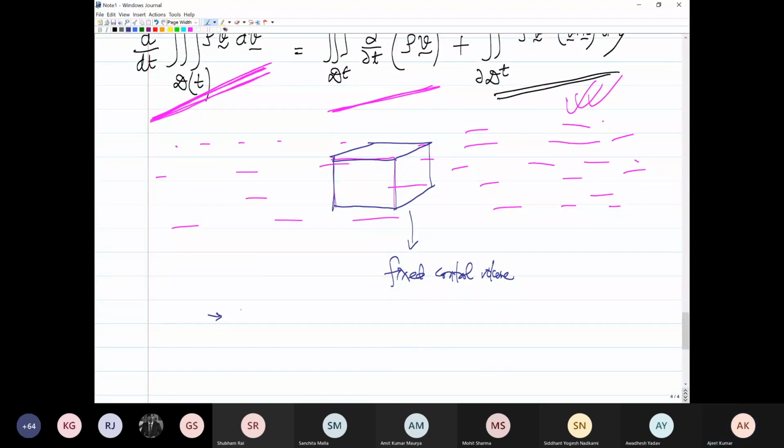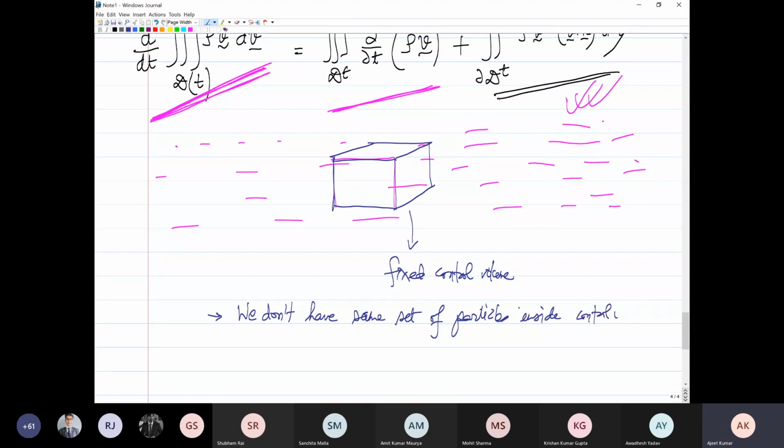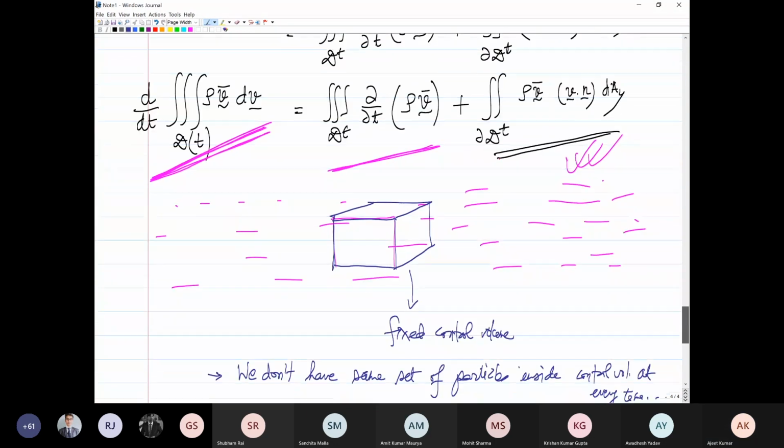So I can say that we don't have the same set of particles inside the control volume at every time. Now, of course, if you are doing the left hand side, that means you are tracking how the system is evolving, how dt is changing. Then you're perfectly fine and you have just one term.